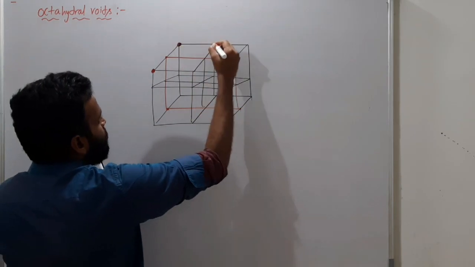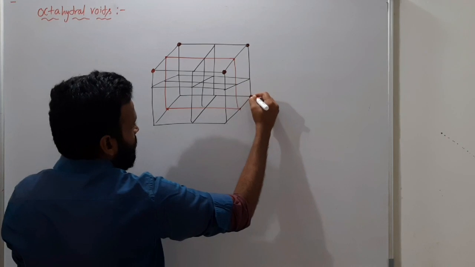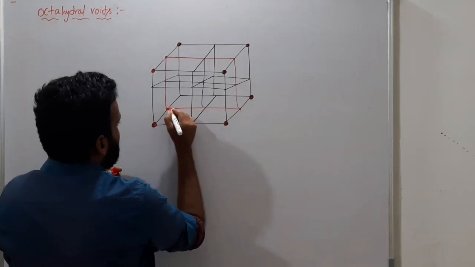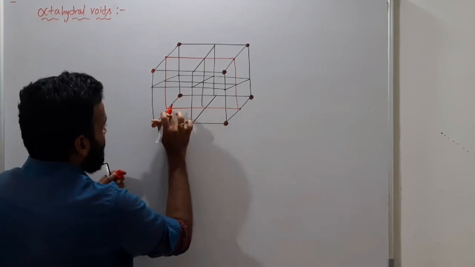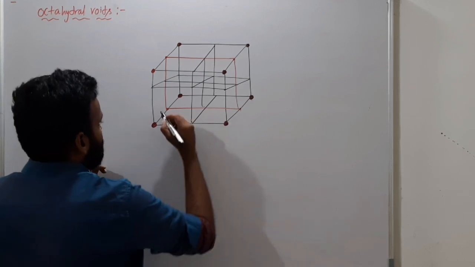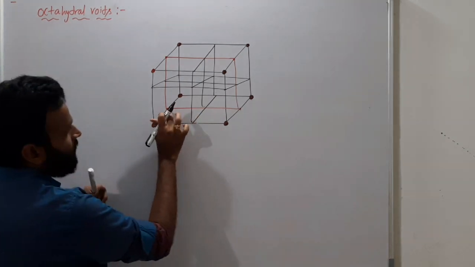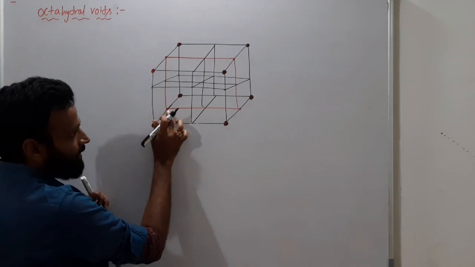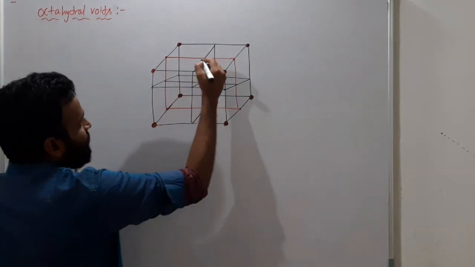So 1, 2, 3, 4 corners, 5 and 6, 7 and 8. Here is not an atom, so you have just a normal line here, because this is not a face center, and moreover this is not a corner. These are corners. Now face center atoms.